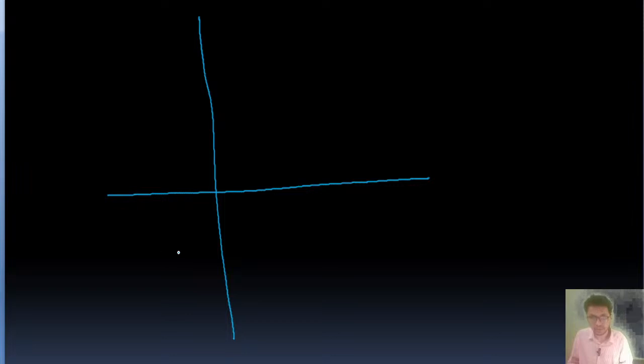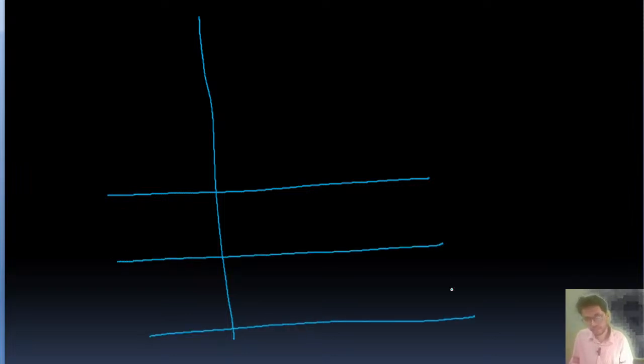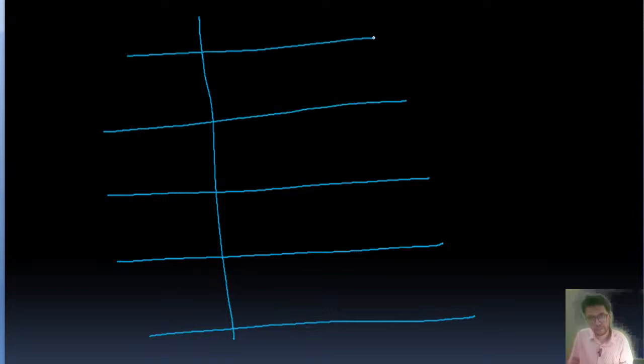This is minus 3 by 2 h cut, this is minus 1 by 2 h cut, this is 0, this is 1 by 2 h cut and 3 by 2 h cut, because ml values are this, right?